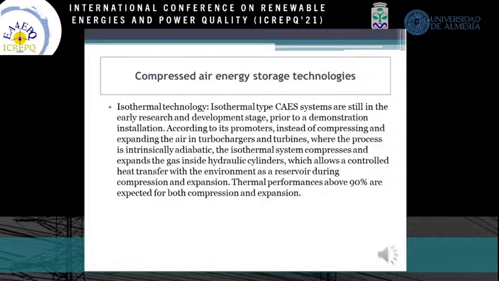Regarding isothermal systems, they are still in the early research and development stage, prior to a demonstration installation.